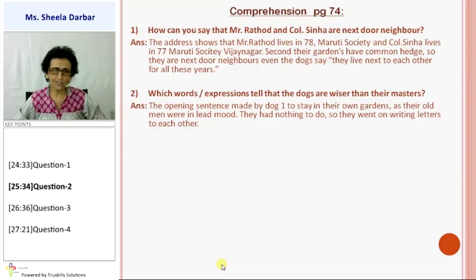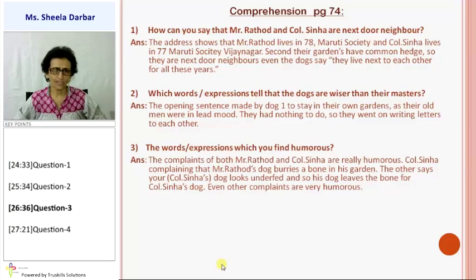They had nothing to do. So they went on writing letters to each other. I'll read this answer for you so that you get it correctly. The opening sentence made by dog 1 to stay in their own gardens as their old men were in bad mood. They had nothing to do, so they went on writing letters to each other.